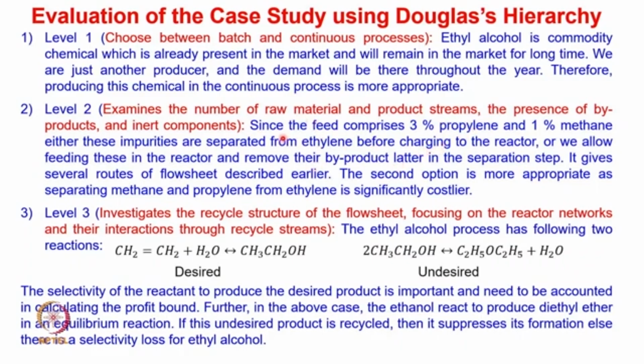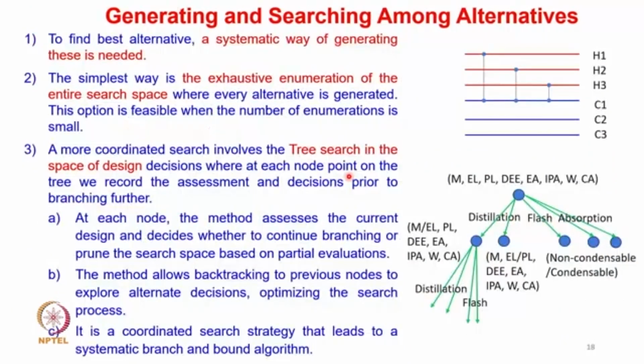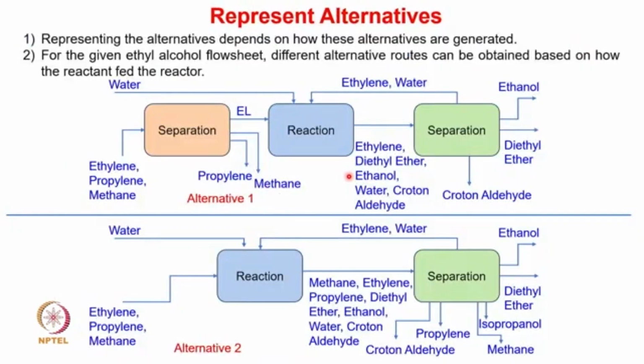So based on this we have formulated different flow sheets which we have discussed earlier. I'll go back again. So these are the two options we have looked at, but there are multiple alternatives possible. Here you can see that we are looking at separating propylene and methane from the raw material, and then the pure ethylene is passed to the reactor.